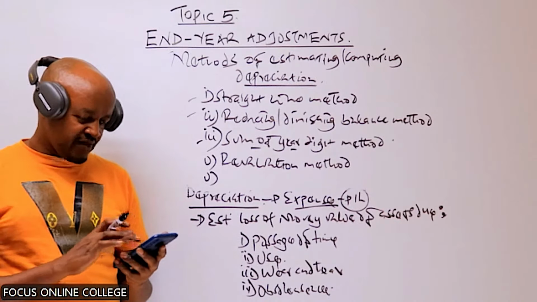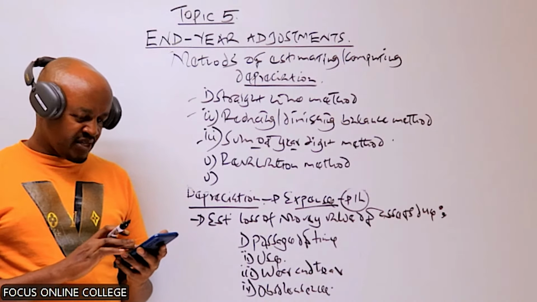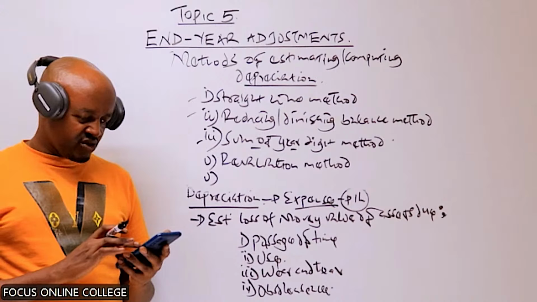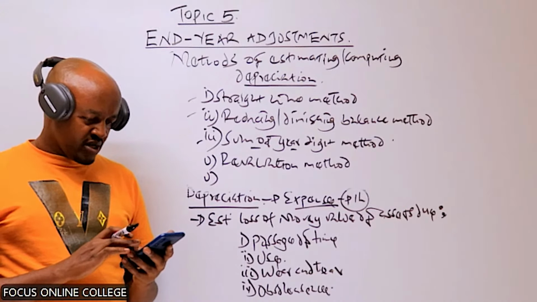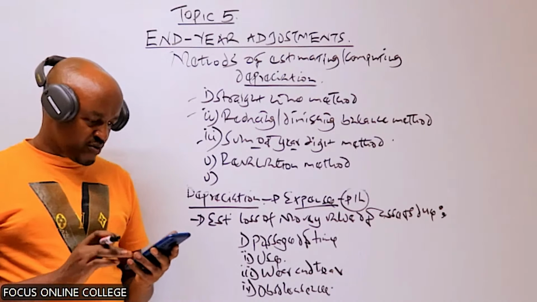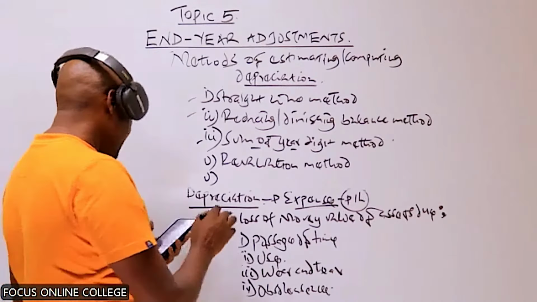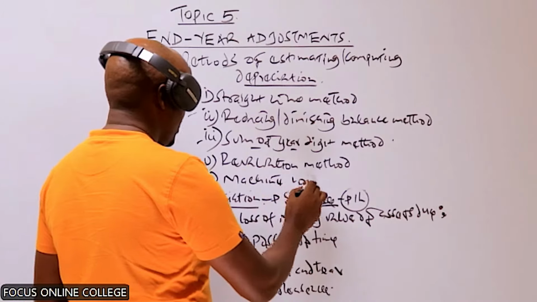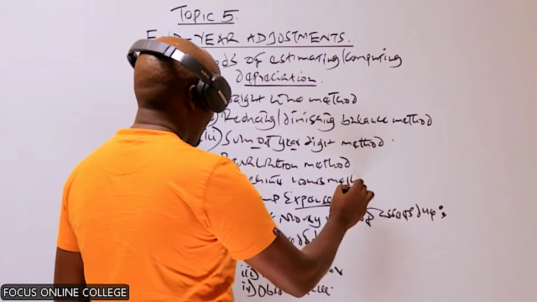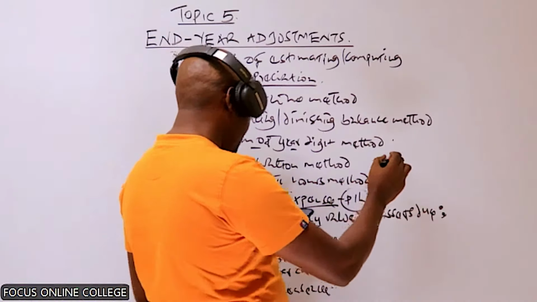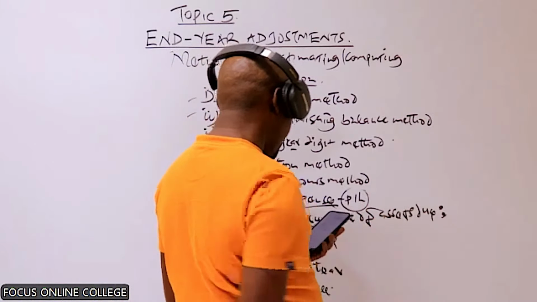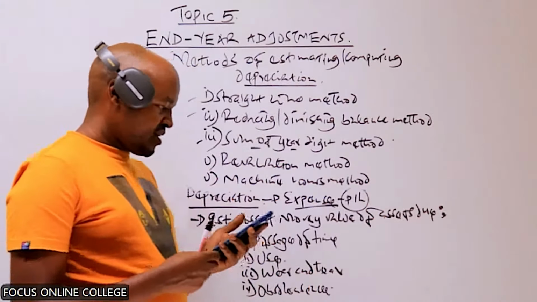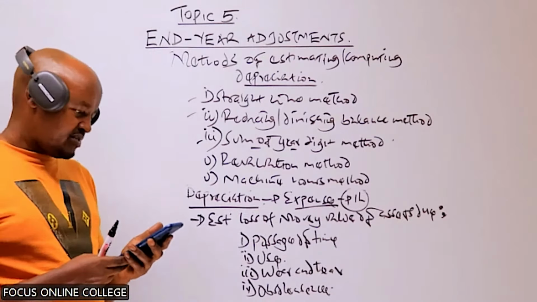Though some of these methods are not that common, we also have something called the machine hours method. And finally, number six, we have depreciation units.